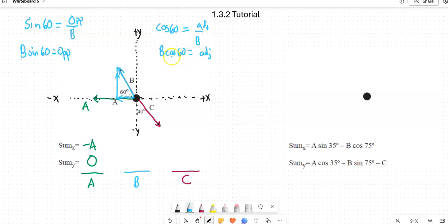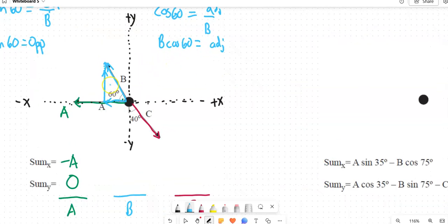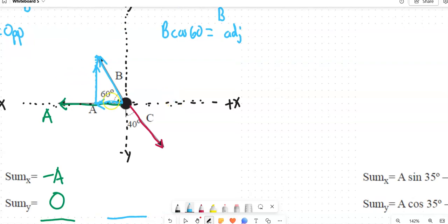So what we have is a way to write the opposite side in terms of the hypotenuse and sine of 60 degrees, and another way of writing the adjacent side in terms of the hypotenuse and cosine of 60 degrees. One thing I know about trigonometry is the side that is physically touching the angle 60 degrees, which is right there, which I'm going to make black, that is the cosine side. That is the adjacent side.